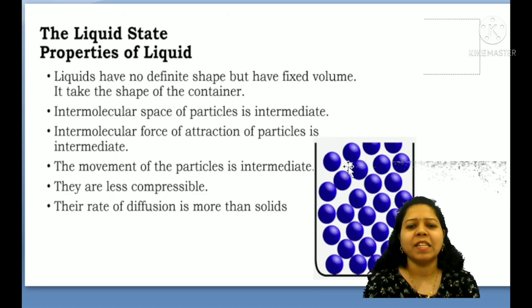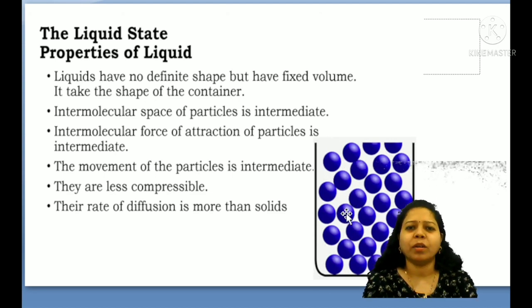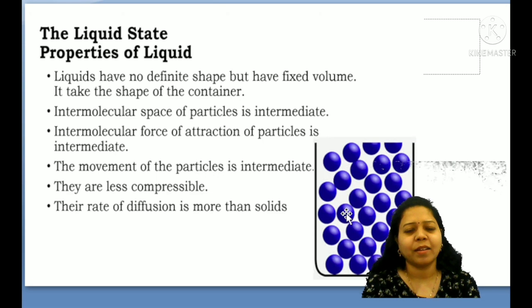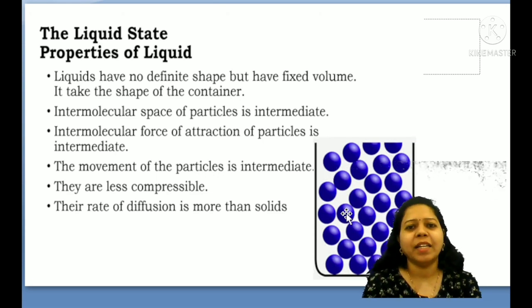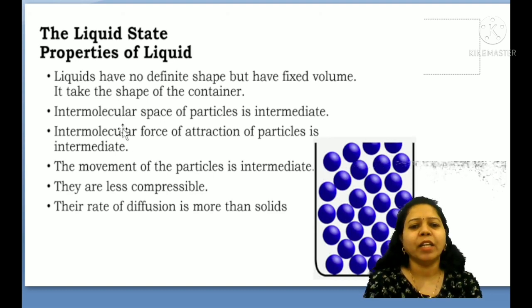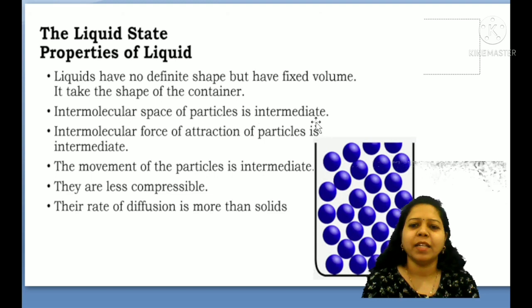Space between these particles is intermediate, means it is not less like the solid and it is not more like the gas. It is medium, and that's why we are saying the intermolecular space of particles is intermediate.